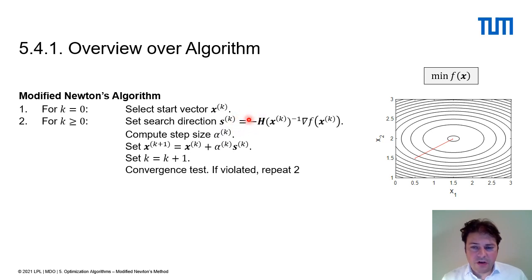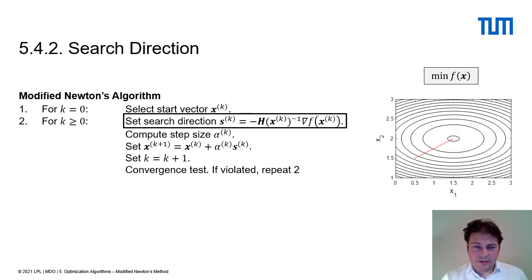Modified Newton's method is called modified because it still uses a line search, like the previous two algorithms. If it were a pure Newton's method, it wouldn't do that. It would just jump directly to the estimate of the optimum. So let's look at how the search direction is computed.